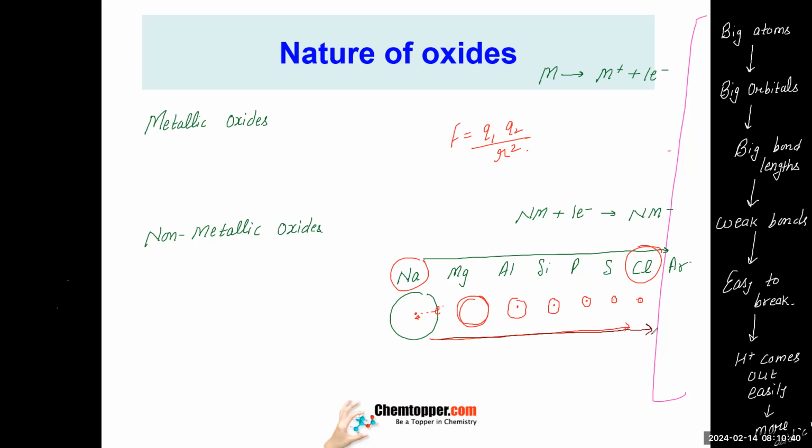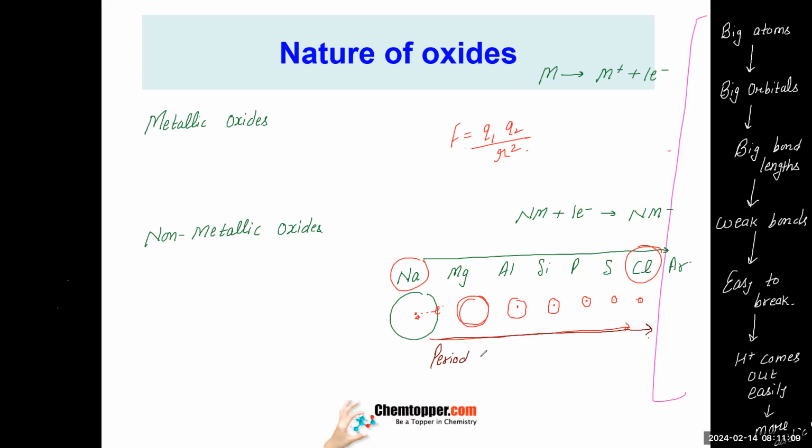As the tendency of losing electron decreases, what happens to metallic nature? What happens to metallic nature? Metallic nature is tendency to lose. If an element can lose electrons easily, it is more metallic. If it is finding it difficult to lose electron, it is less metallic.